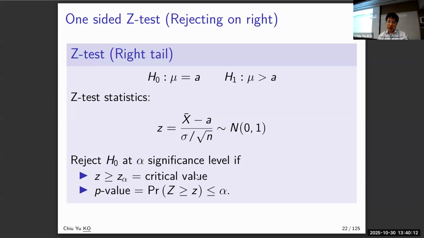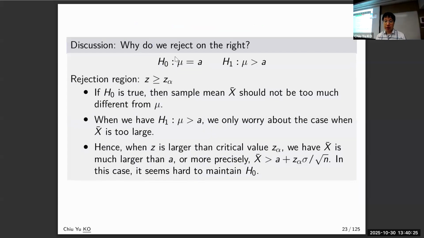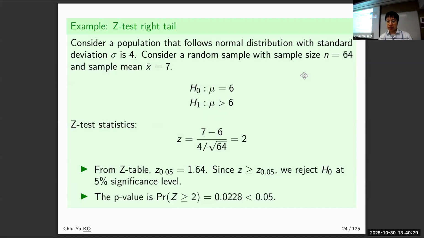If you decide the type 1 error is alpha, then if Z is bigger than Z alpha, you reject. Or if the p-value is less than alpha, you reject. Just to recall this example, because I think it's good to redo it, otherwise after the holiday it would not be easy to remember everything.